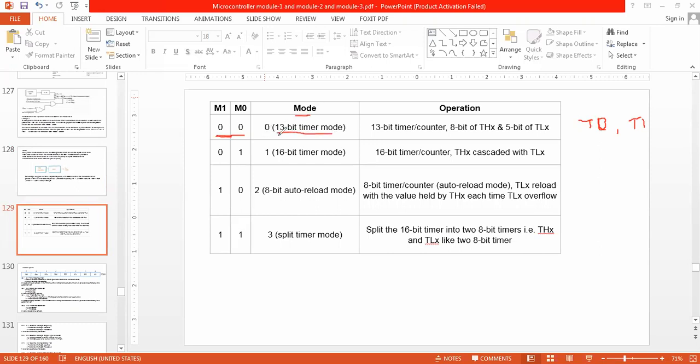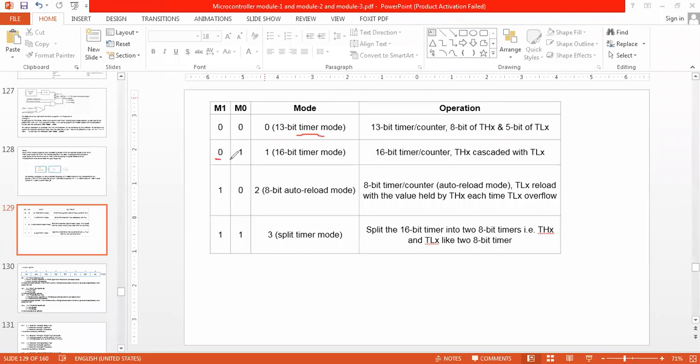What will happen in a 13-bit timer mode? 8 bits are loaded into TH0 and 5 bits are loaded into TL0. If I take T0, it will be TH0, TL0. If I take T1, it will be TH1 and TL1. So in total it is a 13-bit timer.